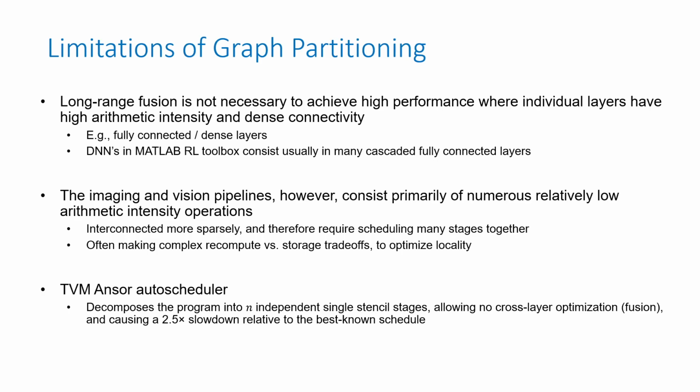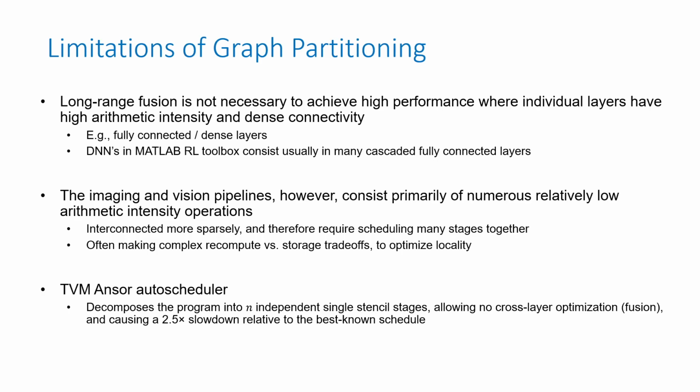But in the case of image and vision pipelines, the case is different. You don't have these high intensity arithmetic operations. They are more sparse, like the convolution, the max pooling. Those have small stencil kernels.